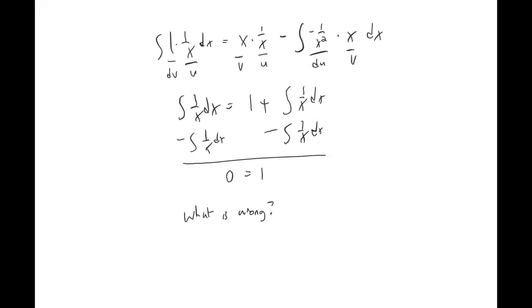Obviously, 0 is not equal to 1, right? That's why I'm asking what is wrong. So I'm asking, what did I do wrong? Think about what I said three minutes ago in that previous problem, the e to the sine x problem.